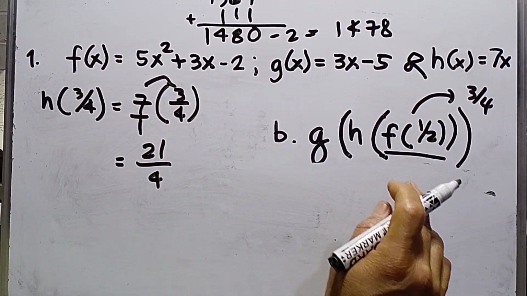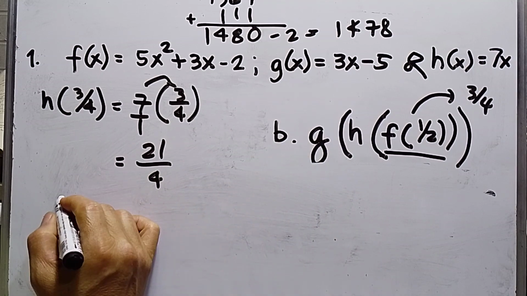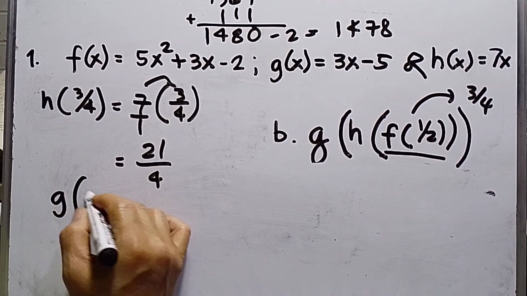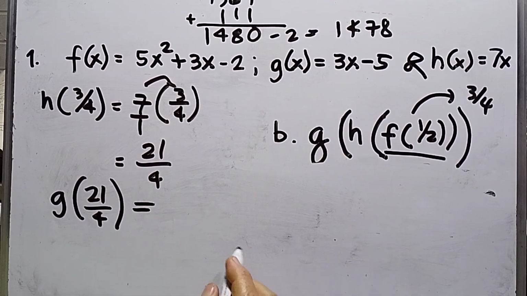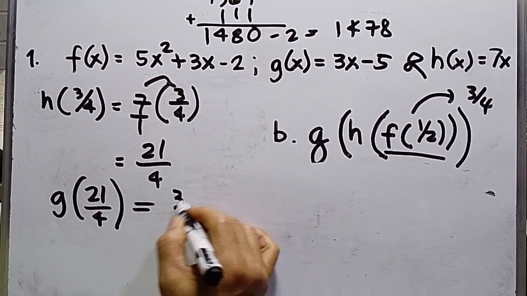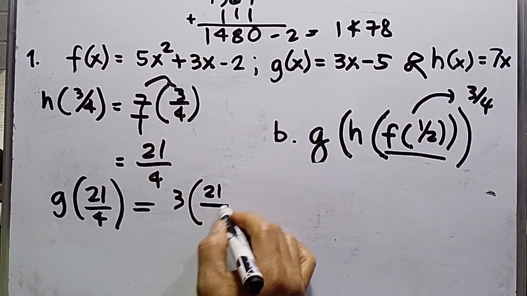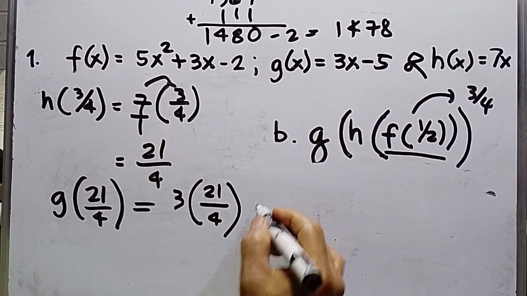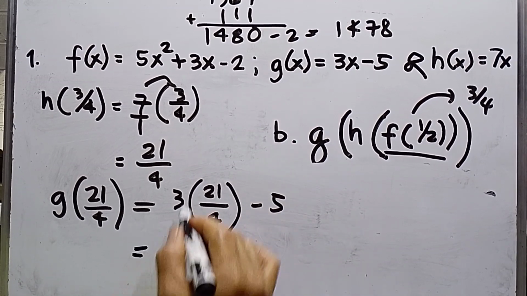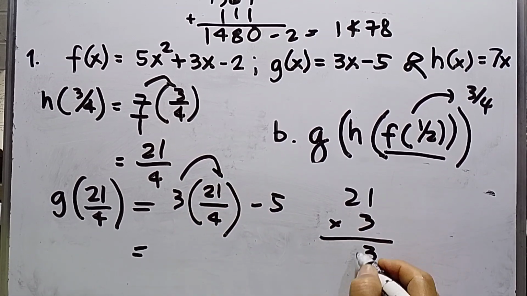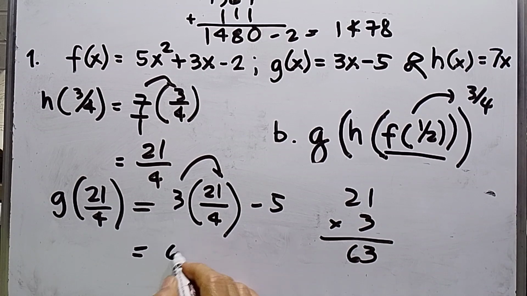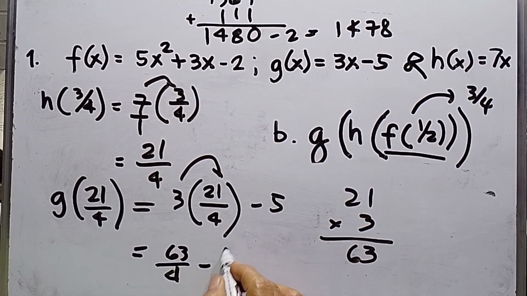So the last will be g of 21 over 4. So this will be 3 times 21 over 4, then minus 5. 21 times 3 is 63, so 63 over 4 minus 5.